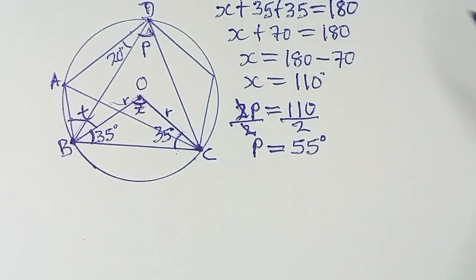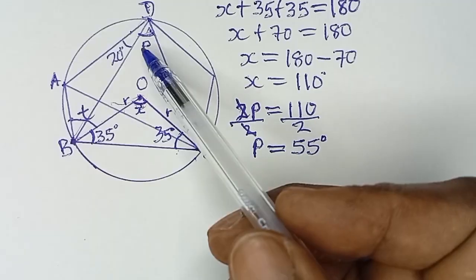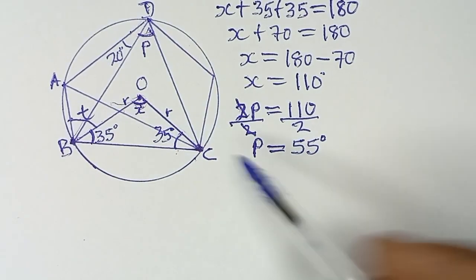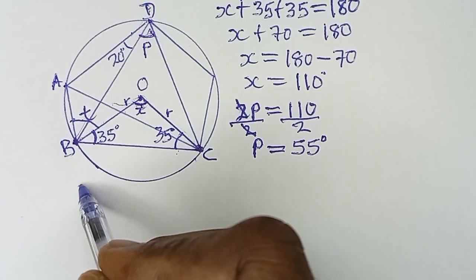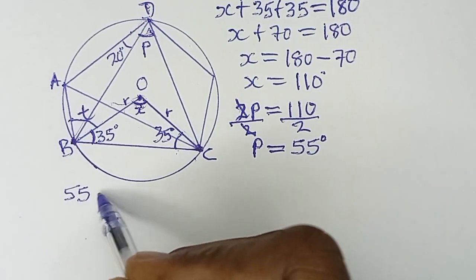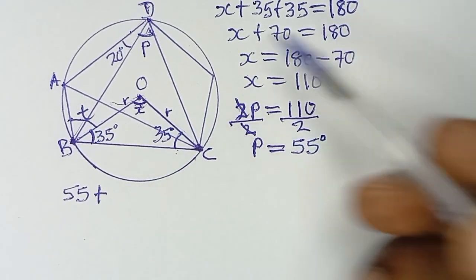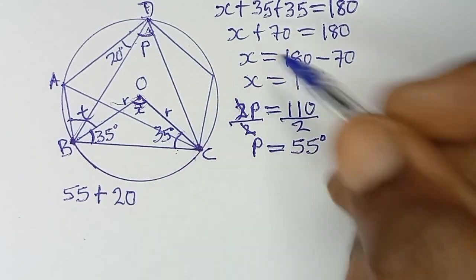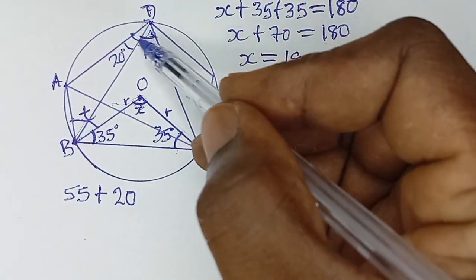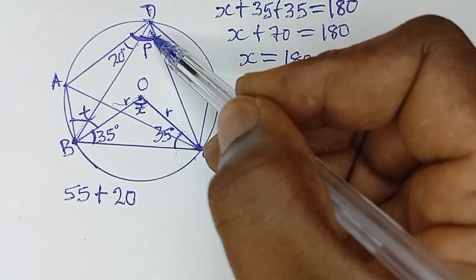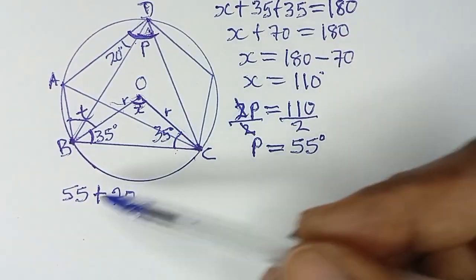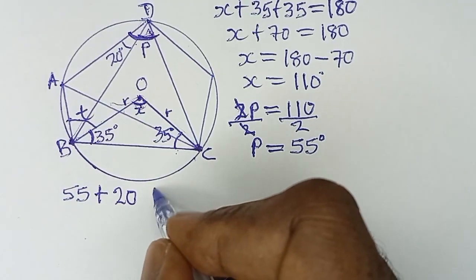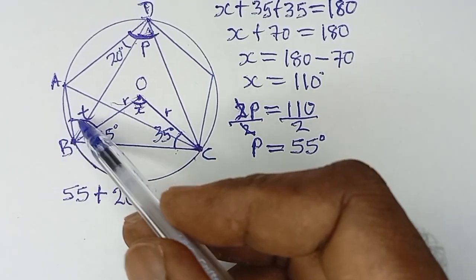So now let's take the angles one after the other. P, we already know P as 55 degrees. So I'm going to write P, which is 55, plus this 20 degrees that is here already, plus 20. So P plus 20 will give us this complete angle here of this quadrilateral. So I now have this complete angle as 55 plus 20. And then added to the opposite angle.